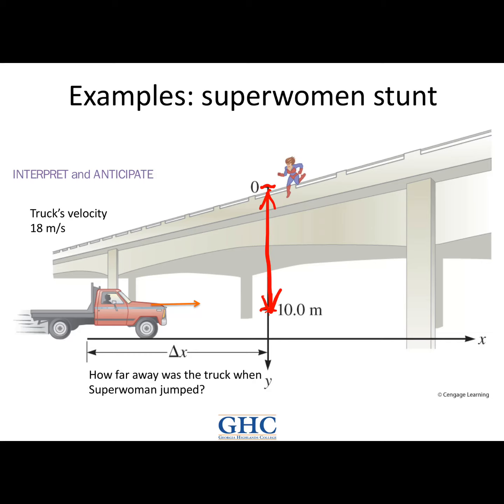So she has to estimate where the truck would be so she can land on it. The truck is doing constant velocity motion at 18 meters per second, and she's doing a free fall basically, so we want to know this distance that she needs to jump.